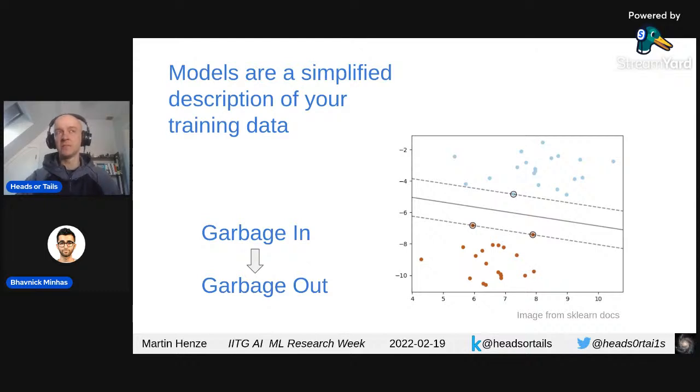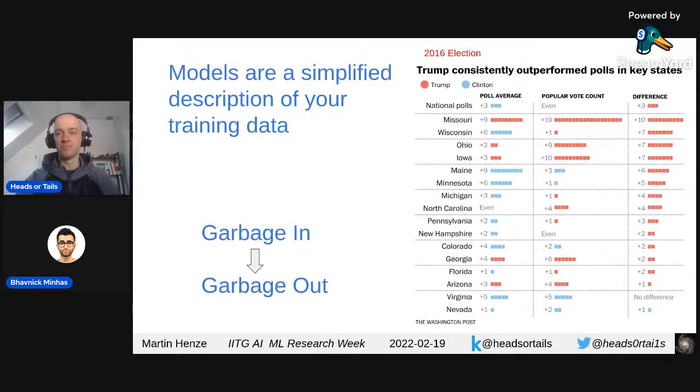There are different angles, different aspects that we can look at when it comes to exploratory data analysis and to garbage in, garbage out. This is the first aspect.